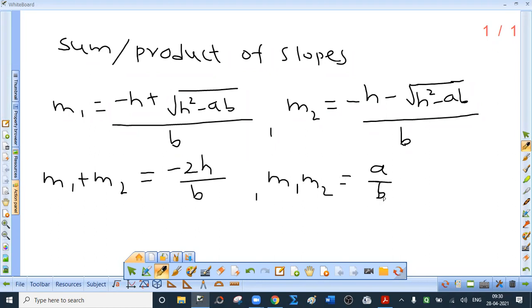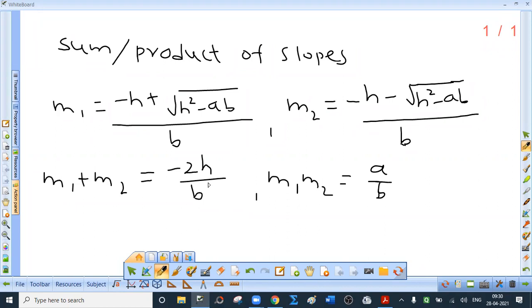What is b? Coefficient of y square. What is 2h? Coefficient of xy. As simple as that, right? As in case of quadratic equation. If quadratic equation is given, we may not be able to write two separate roots of the equation, but sum of the roots is what? Minus b upon a. Product of roots, c upon a, can be written by observation. Is that clear?